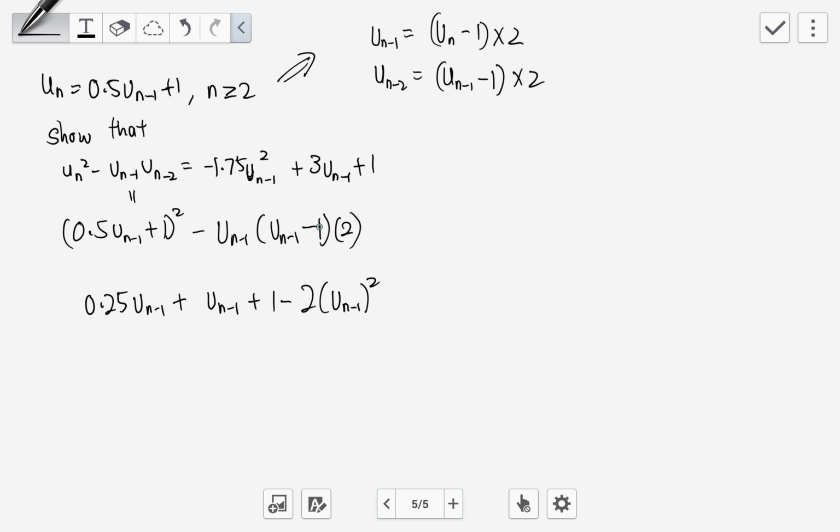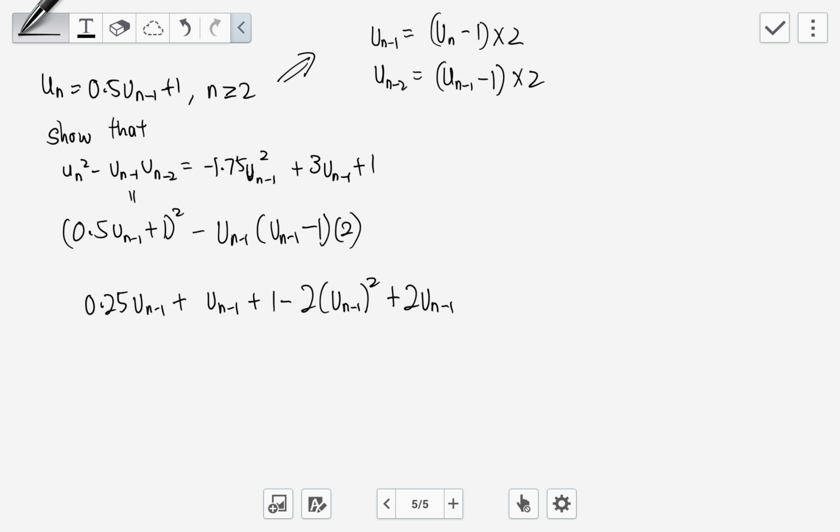Now 2 multiplies to minus 1, then multiplies to this, so minus minus becomes positive. Then 2 multiplied to 1 is 2, 2 then multiplies to u_{n-1}, I get 2u_{n-1}. I should only have 2 terms. Then these 2 terms, if you can't do it, I explain it slowly. First term should be minus, second term should be plus.